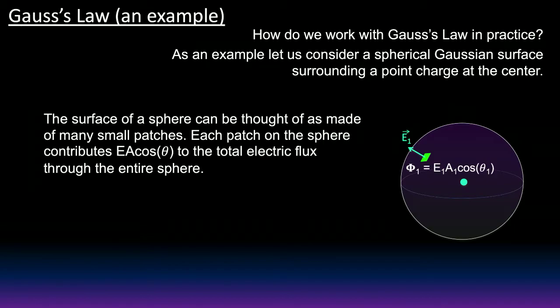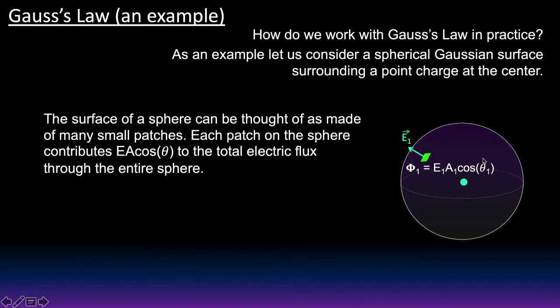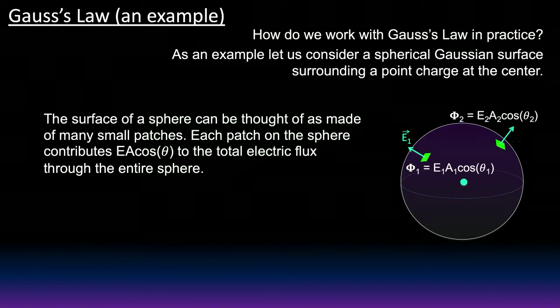The total electric flux through patch number 1 will be the strength of the electric field E1 times the surface area of patch 1, which is A1, times the cosine of angle theta 1, where theta 1 is the angle between the direction of electric field E1 and a line that is perpendicular to the surface at the location of patch 1.